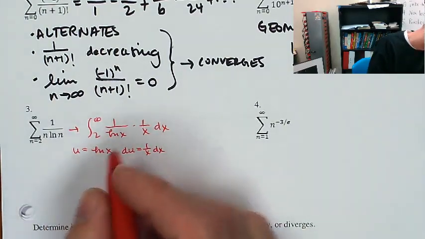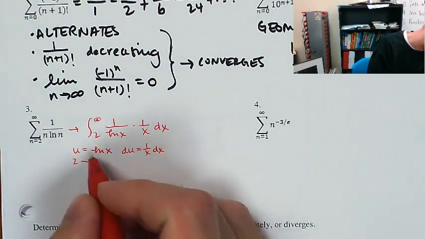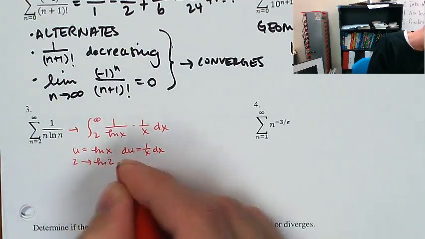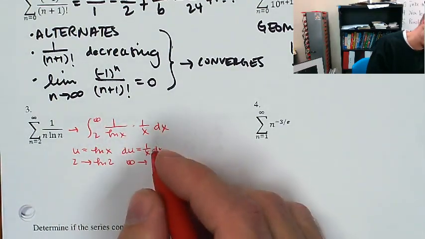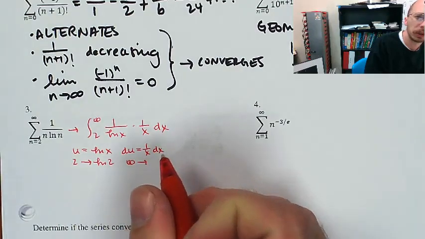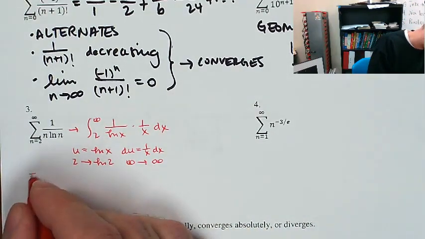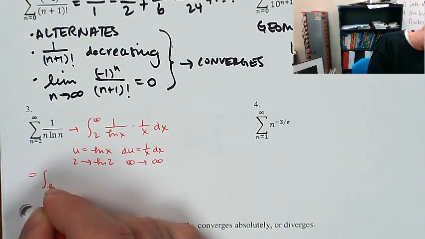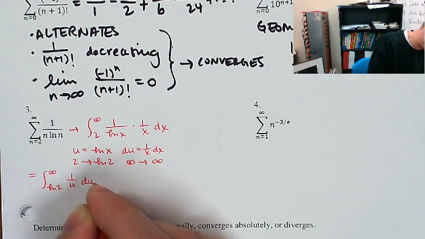I'm going to convert the bounds. Okay, x equals 2, u equals log of 2. At infinity, well, u goes to the log of infinity. Think about what happens to log as x goes to infinity. It's just going to be infinity again. So this is equal to the integral from log of 2 up to infinity of 1 over u du.